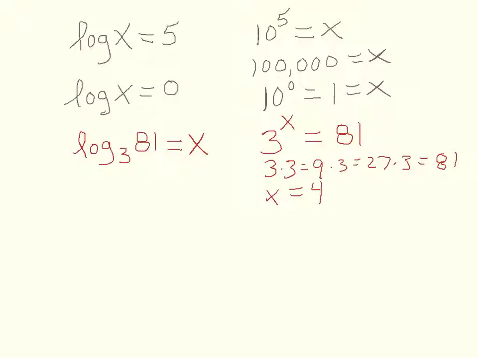Oh, let's do one like this one. Let's see. ln e negative 4. That's kind of an interesting one. Remember our progression. ln, this is a natural log, which is base e. So it's asking the question, what is the exponent on base e?